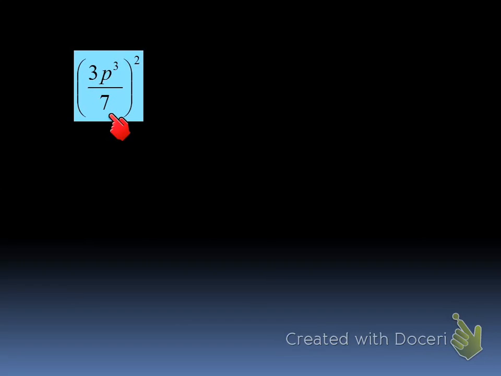Alright? So now we're going to start applying all these rules. Here's what we're going to do first. We have to take care of this big exponent, which means we're going to square the top, square the bottom. I'm going to write this out. The top is 3p cubed, and it needs to be squared. The bottom is 7. It needs to be squared.